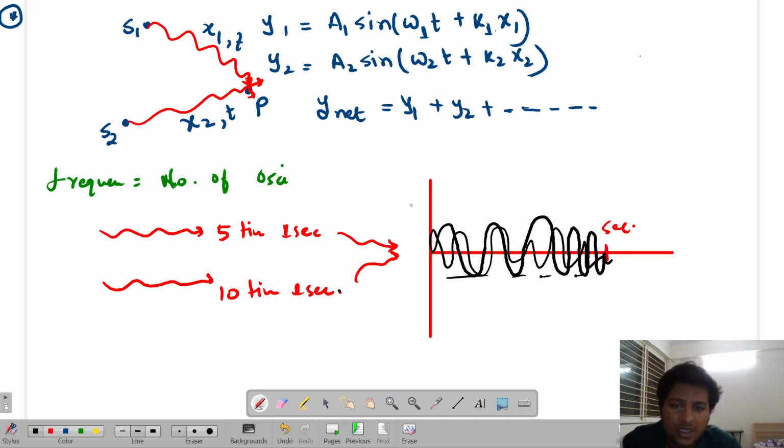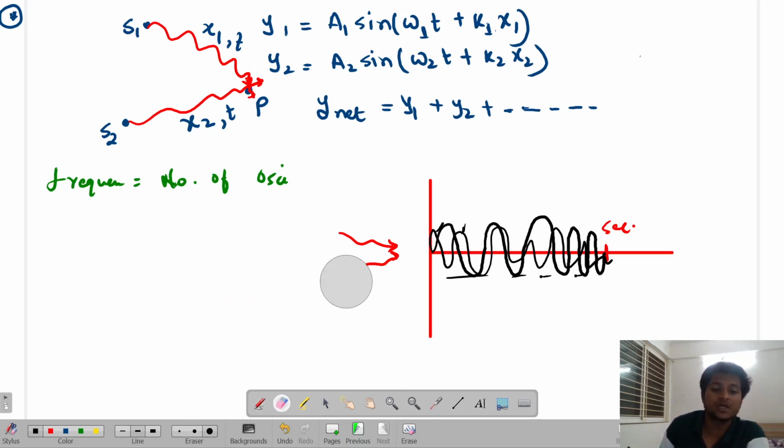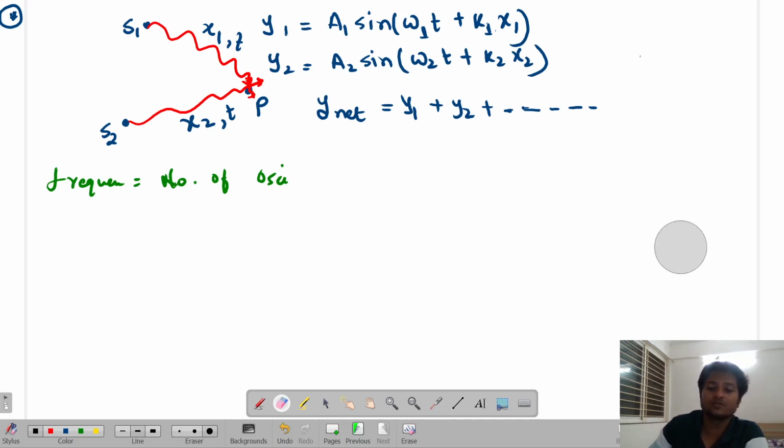So tell me one thing, when their frequencies are different, and if I try to superimpose, is it possible that any kind of overlapping of the regions can happen? No. The answer is no. So this is the condition: if we are considering two sinusoidal waves, they will not superimpose if their frequencies are different.